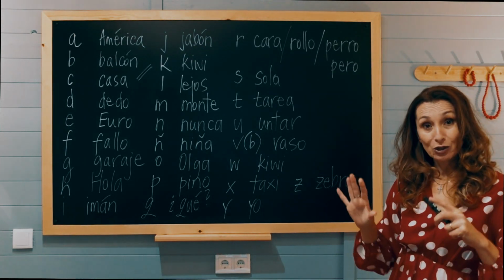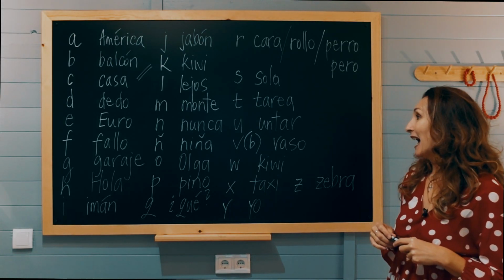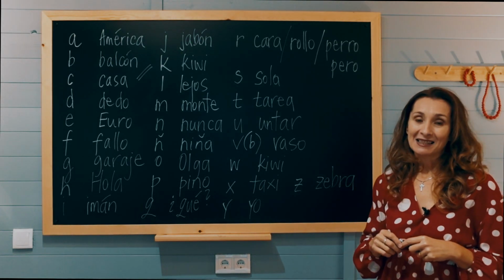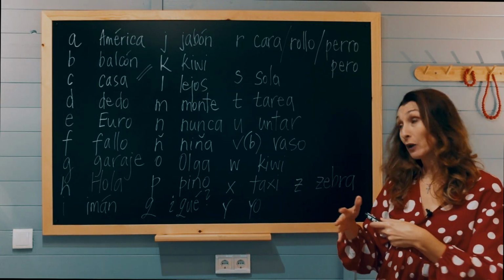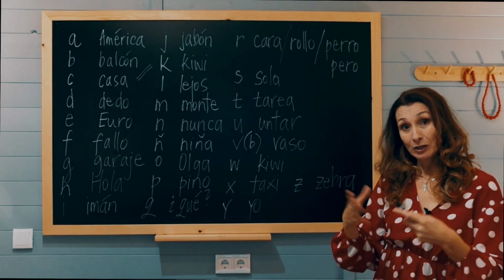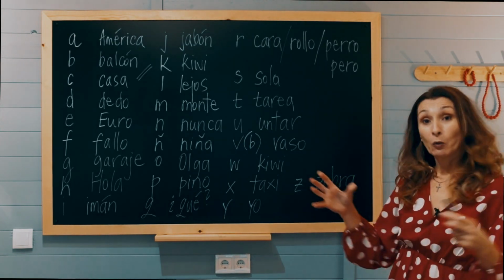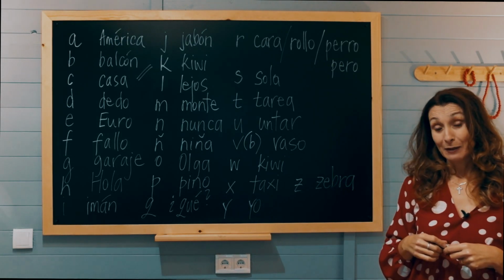But today I just wanted to show you how the rule works and what these letters actually stand for when you see them in words. So not when you're just saying them out one by one, when you're spelling out words, but when you see them in a word, how you actually pronounce them, okay?